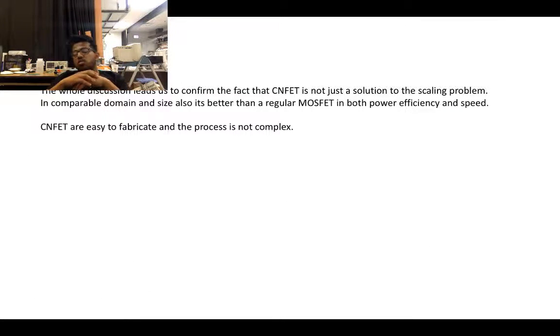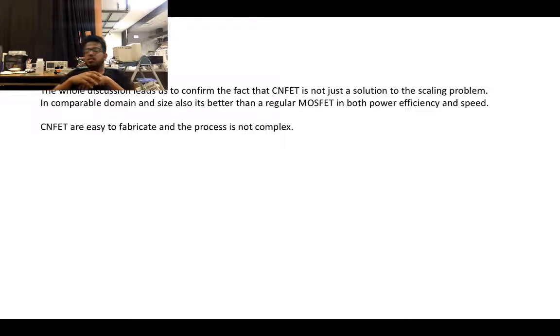So what you can conclude from this is that CNFET not only helps you reduce the size of your device without hampering your control over the device to a significant level over MOSFET, it also helps you give better output characteristics, better switching time, and better efficiency on the same size also.